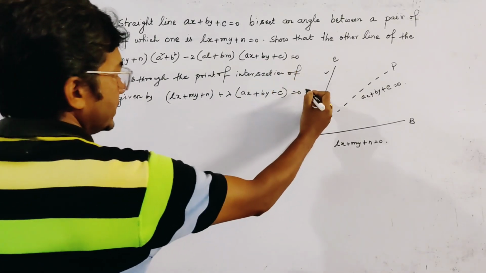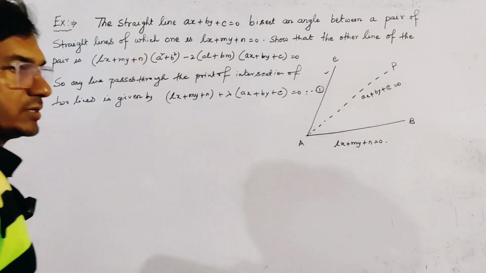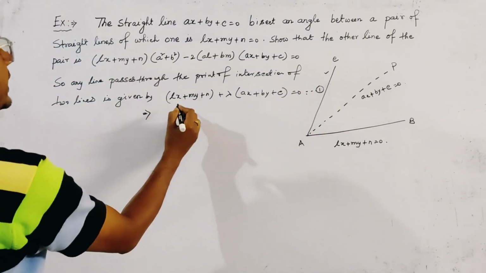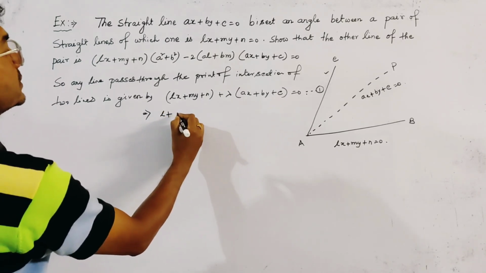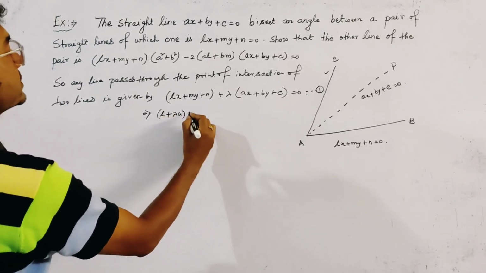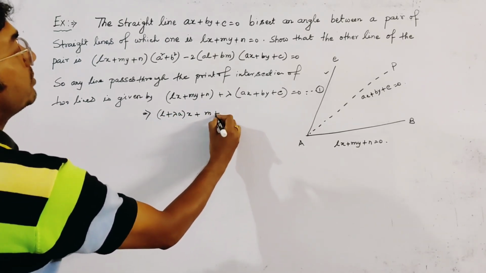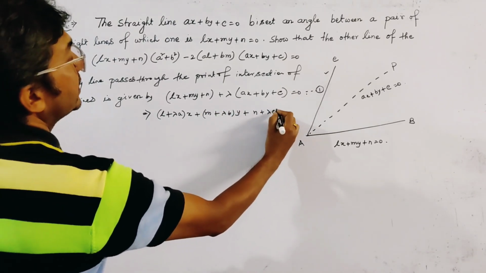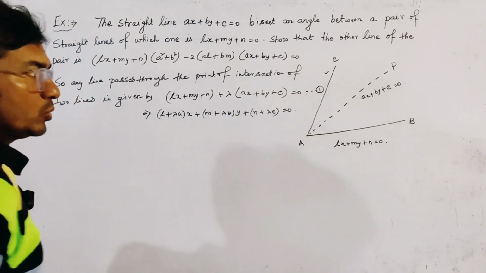Okay, and this is the line AC. Now we arrange the line as L plus lambda a into x, plus m plus lambda b into y, plus n plus lambda c, equals 0.